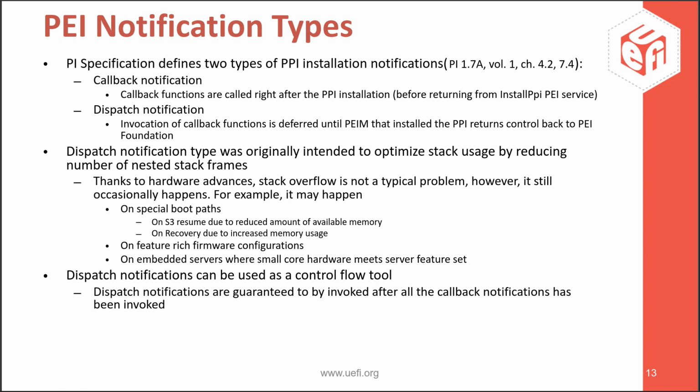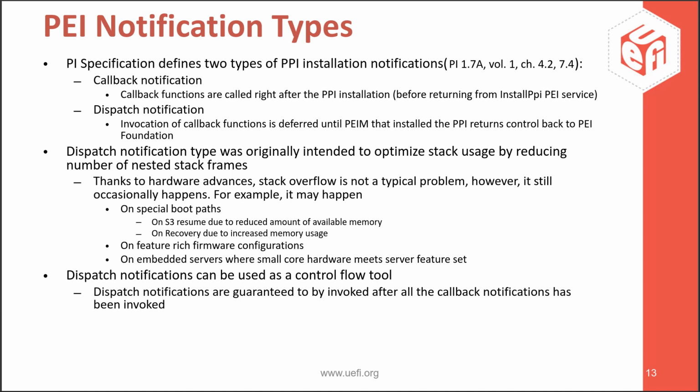First of all, the cache RAM has its limits, right? And then even after memory detection, PI is typically using just a portion of system memory. So on special boot paths, on S3 resume, when you have a limited amount of available memory, or on special boot configurations like recovery boot mode, when you load your entire capsule into memory, you may still run out of memory.